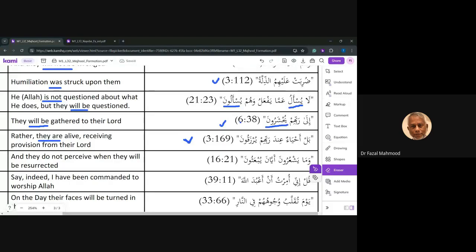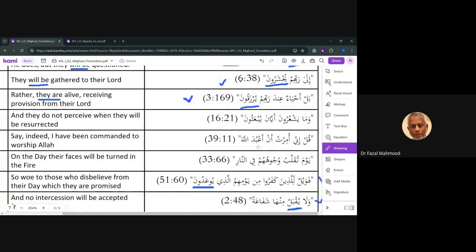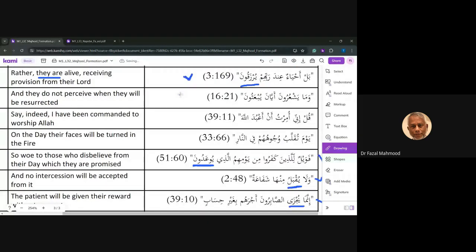And Yurzaqun is independent here. Yurzaqun, they will be provided rizq, provision. They will be provided. That is the correct translation. So it's a passive meaning. Translation is a bit ambiguous there. No worry. Next, umirtu.